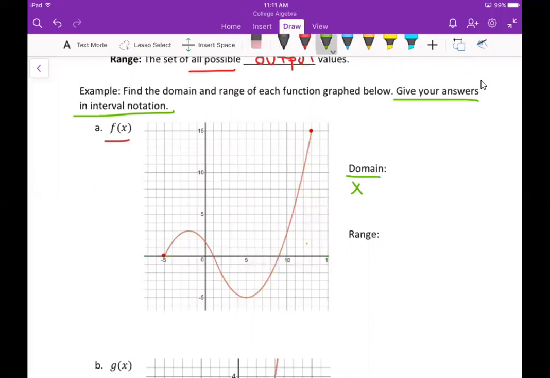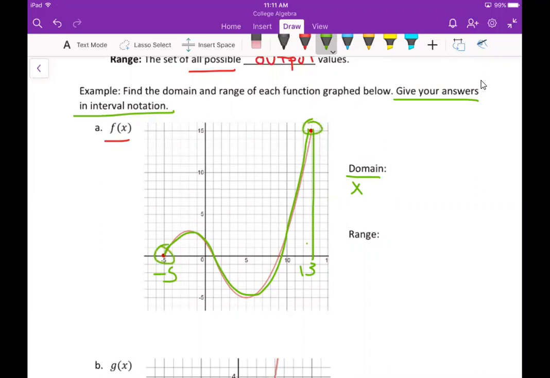So all my x's, I can find any x, any input value, anywhere in between -5 and 13. Those values are included since I see these closed circles right here.